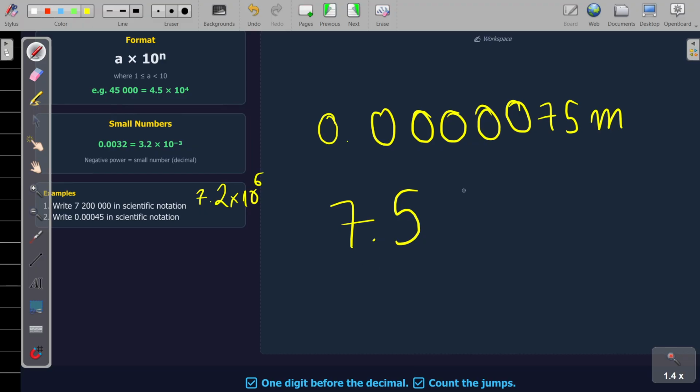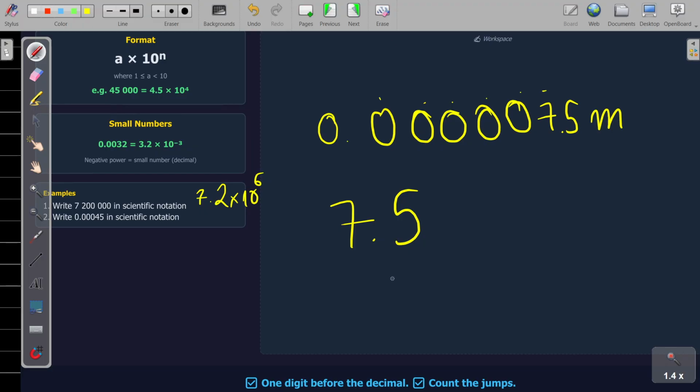Of course, we write 7.5, and so we need to count how many jumps from the new decimal back to the original one. We jump backwards to the left, 1, 2, 3, 4, 5, 6 jumps, to the original decimal here.